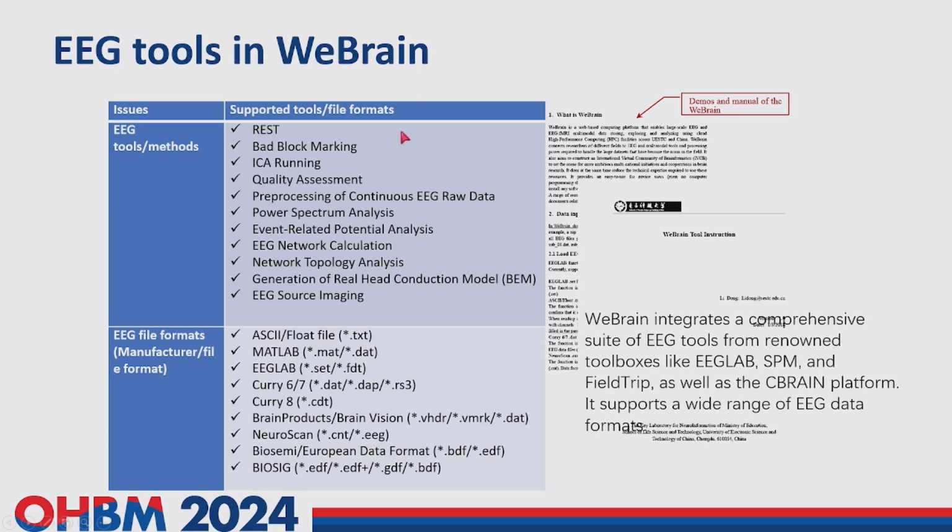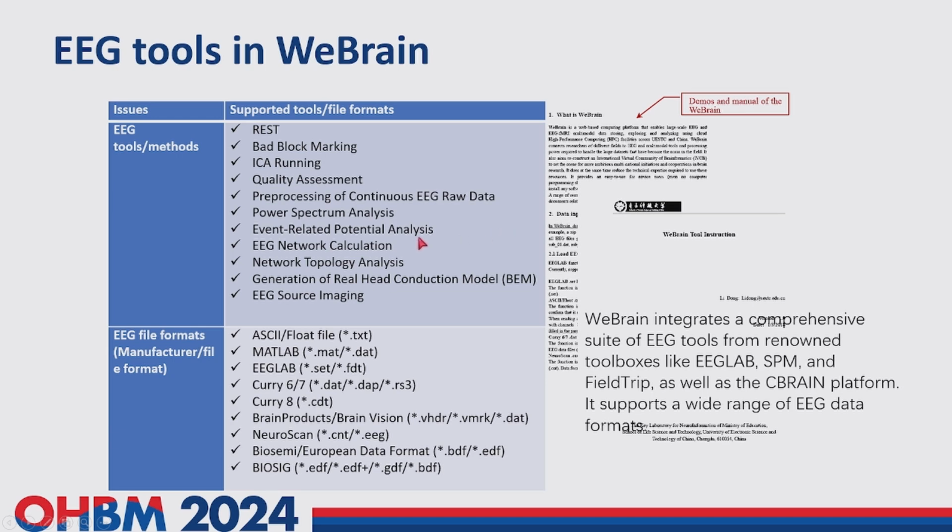The tools in WeBrain include REST, the Reference Electrode Standardization Technique, bad block marking, ICA running, quality assessment, pre-processing of continuous EEG raw data, power spectrum analysis, event-related potential analysis, EEG network calculation, network topography analysis, generation of real head conduction model, and EEG source imaging.